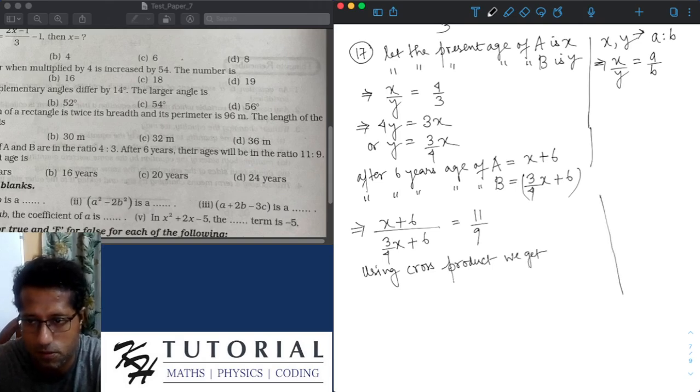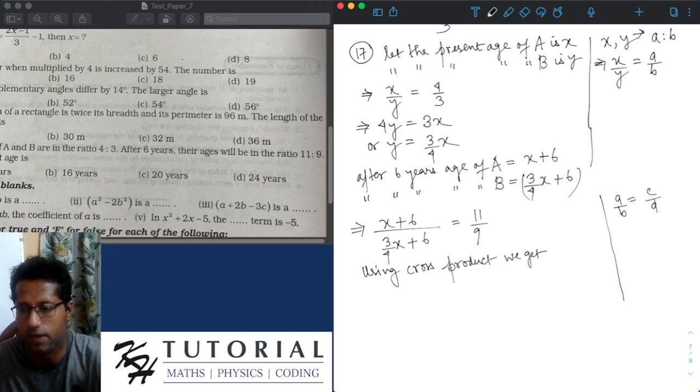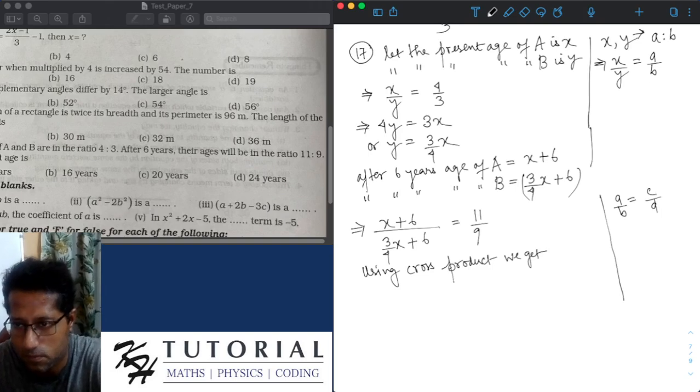The concept is from rational numbers. If we have two rational numbers a by b equals c by d, then by doing cross product, we multiply a with d and b with c, so AD equals BC.